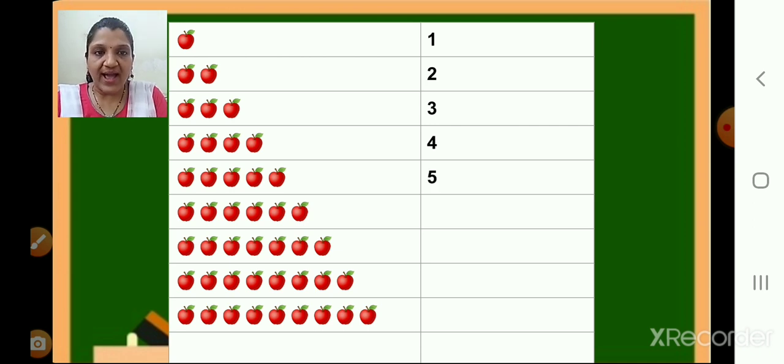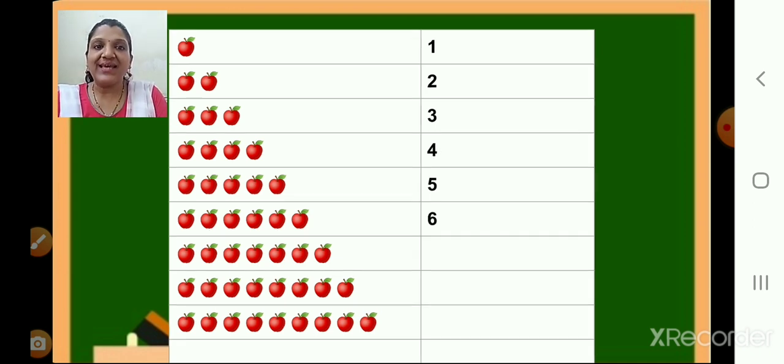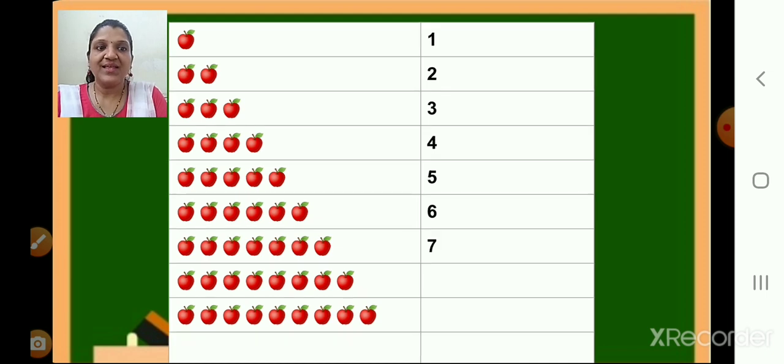Then 5 apples. 6 apples. 7 apples. 8 apples. And then 9 apples. Children, here we have written numbers from 1 to 9.